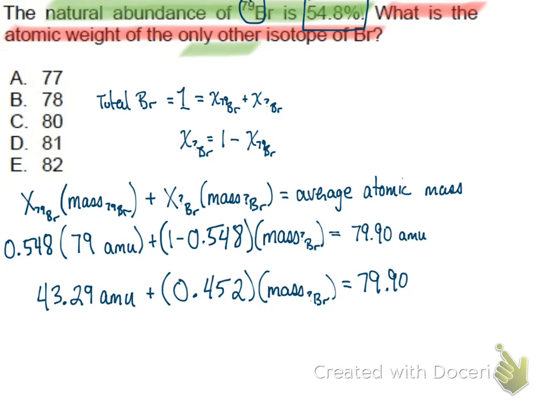And that's still equal to 79.90 AMU. I know right now I'm moving a little slow solving this problem, but it's early in the semester and I want to make sure that I'm making all these steps abundantly clear. So let's just rearrange this now.